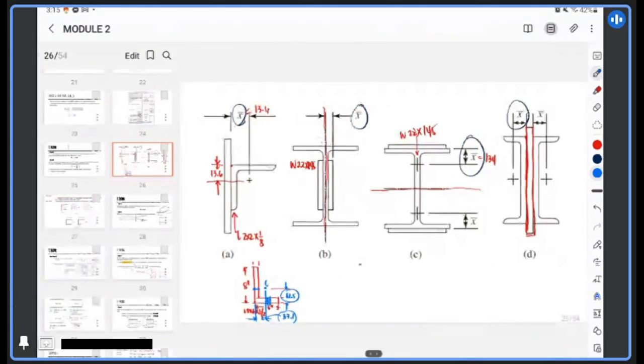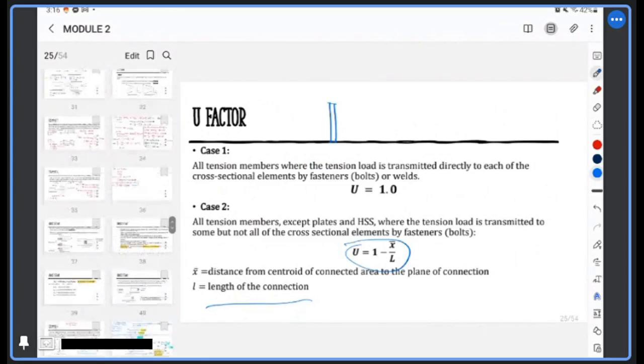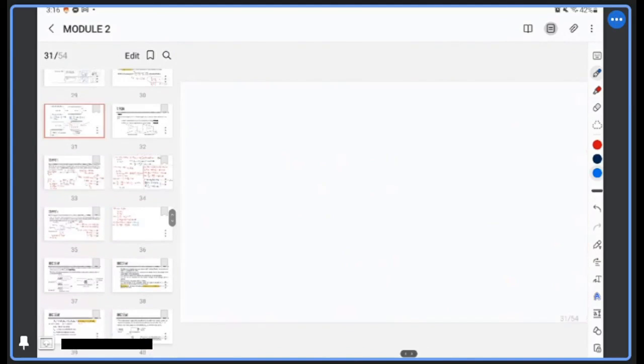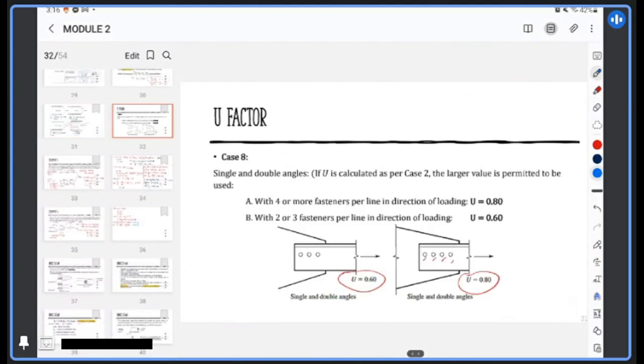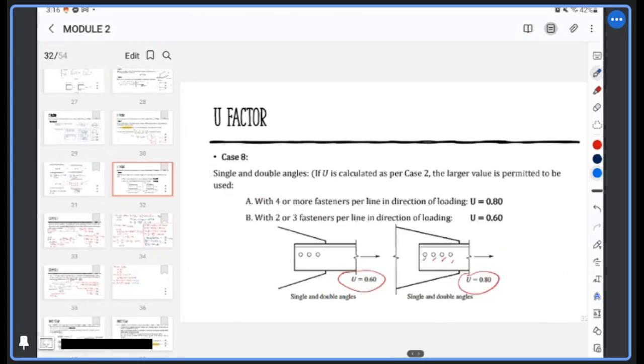One is X bar over L, case 2, and what else? Is it with 4 or more fasteners per line? Okay, that's 0.8. U is 0.8. Single and double angles with 4 or more fasteners per line, 0.8.